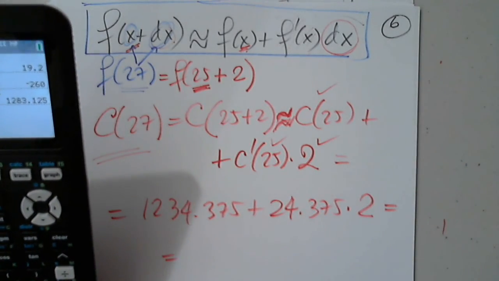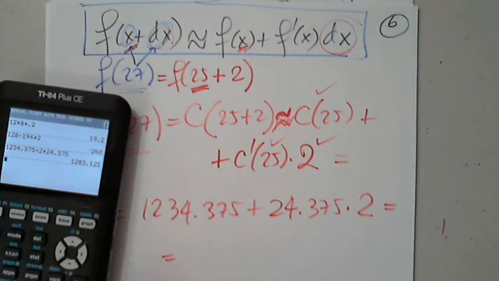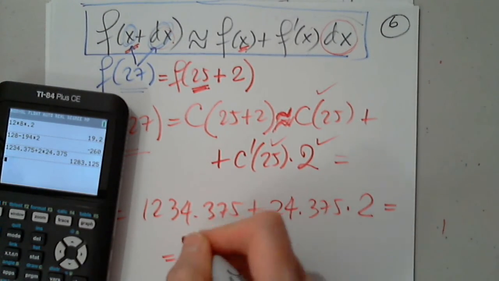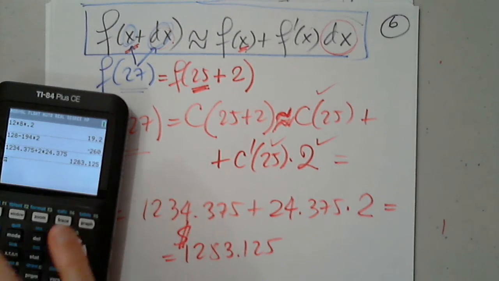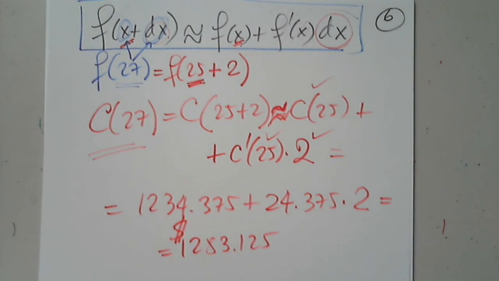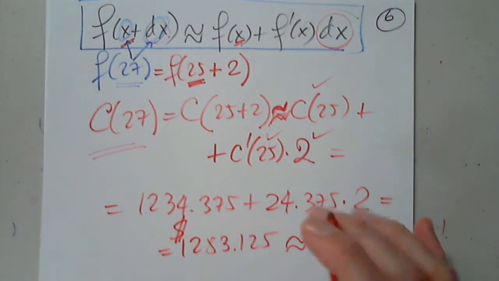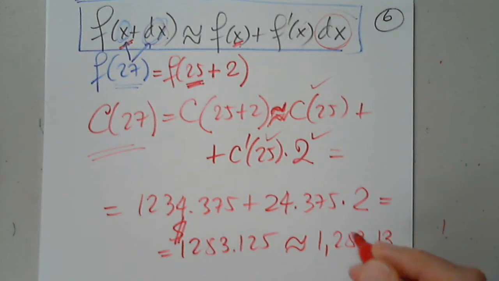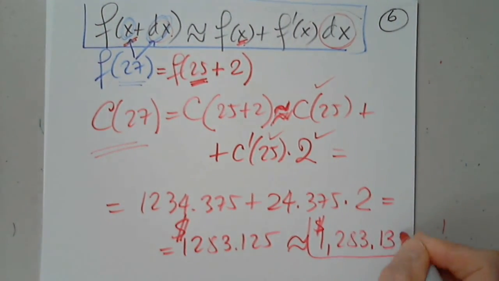I got 1,283.125, and this is cost. Now I will round it at the very end, yes. 1,283.13. Correct. Perfect.